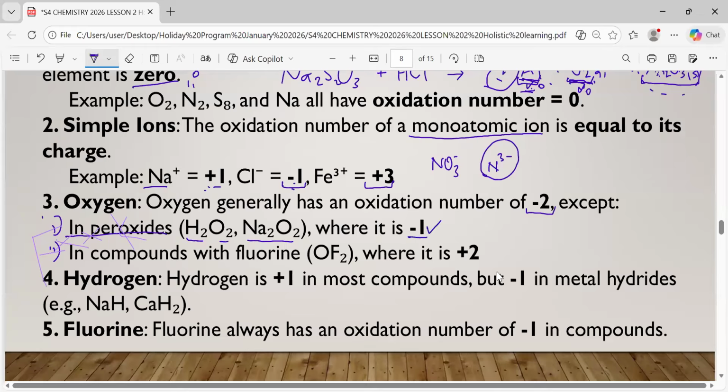Can you help the others continue to number 2, and then help other members get the meaning of what they are telling us there? Okay, in compounds with fluorine, where it is +2. Do you think we can help other people understand why they are bringing out oxygen?